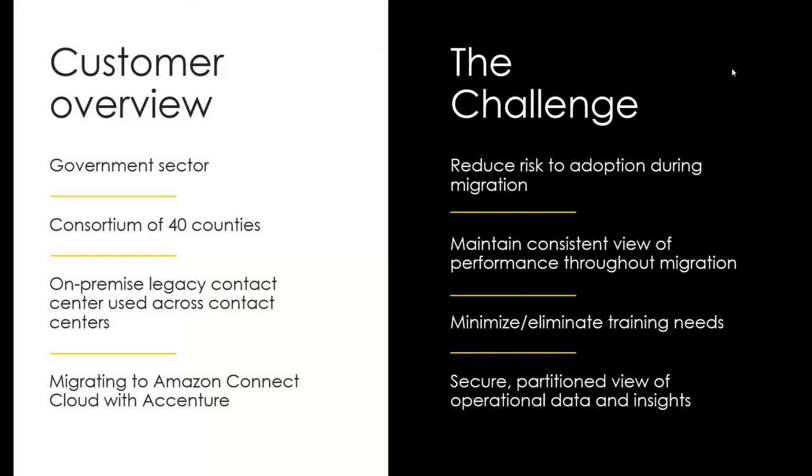So having the same reporting vendor, eGain, and reproducing the same types of reports that they had in the legacy solution on Amazon Connect was a big win. This was also a success for us because eGain was able to help and provide this through partitioning the 40 different counties.